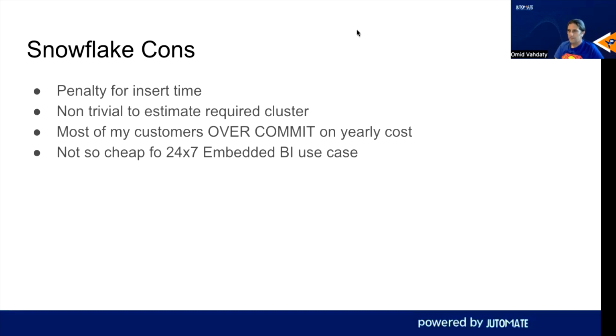On top of that, when it comes to embedded BI use cases, where you have performance targets and concurrency in 24/7 scenarios, it's not very cheap, because this was by design meant to be shut down every now and then, meaning when you turn off Snowflake, you're not paying.